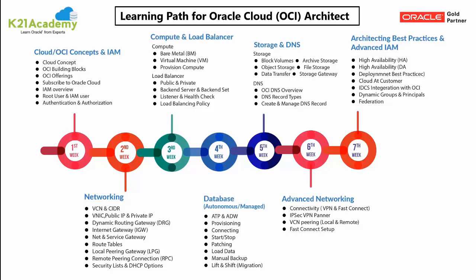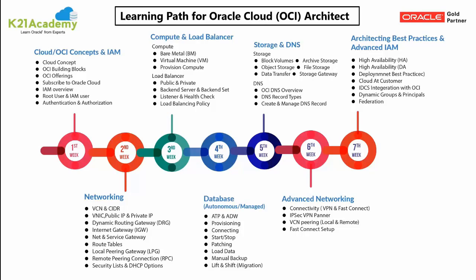Then you should also expect some questions on a topic called Cloud at Customer, which is a topic in itself for some future videos. Now, within this week 7, we've also added advanced identity and access management like federation, dynamic group, instance principal. Again, expect questions around that.